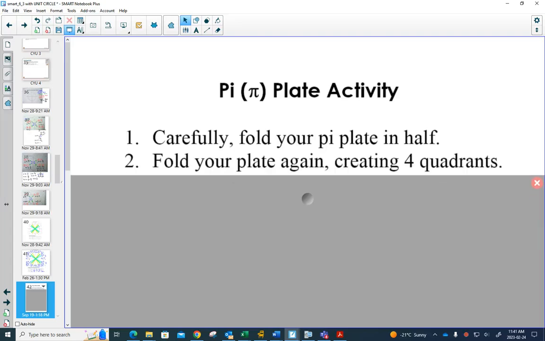Now you're folding it the other way, but not only are you trying to match up the curve so it doesn't shift, but the first fold has to match up perfectly on both sides so that the fold mark and the fold mark are in the same spot. Then fold it in half again. That should perfectly find the center of your pie plate and create 4 90 degree quadrants.